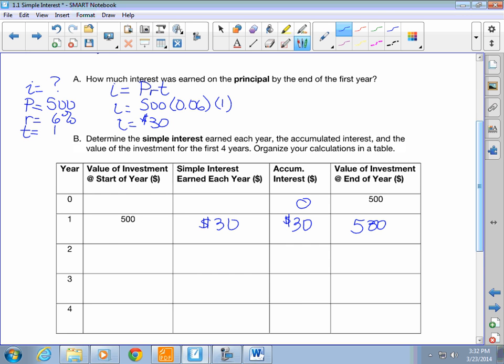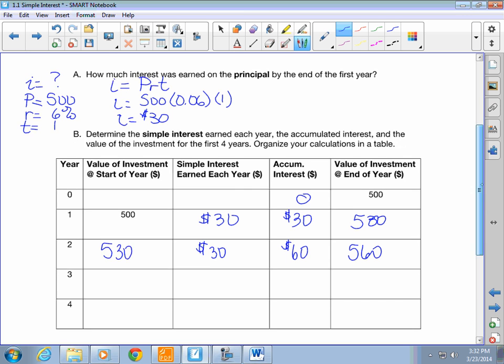Year 2, she starts at $530. She's earning $30 interest every year, so that means she will have accumulated another $30, so she'd be at $60 interest. So at the end of that second year, she would have $560, or it would be worth $560.